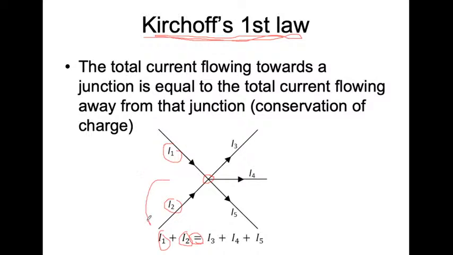and we have these other three streams or paths for our electrons or current to flow, I3, I4, I5.